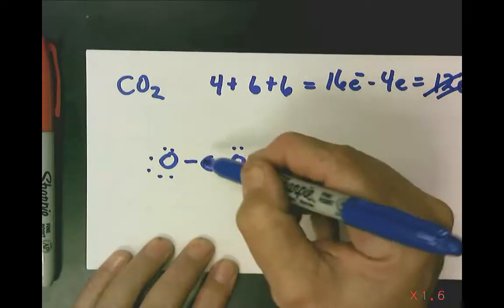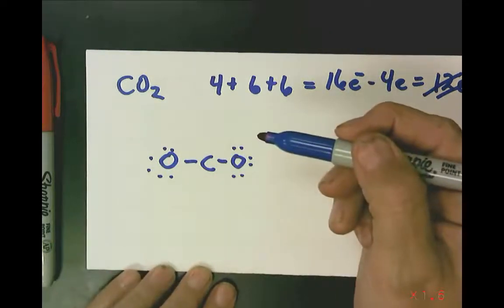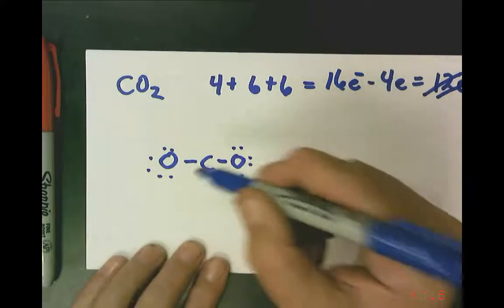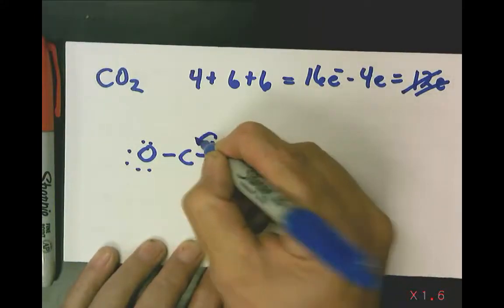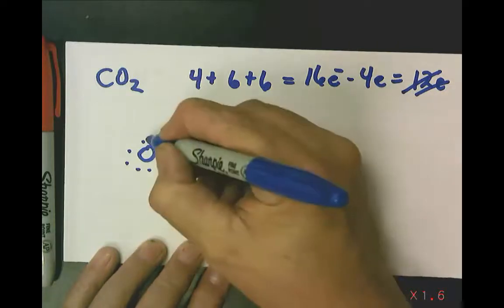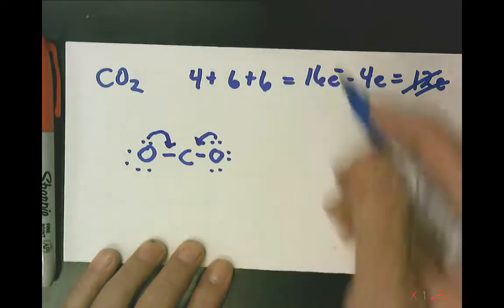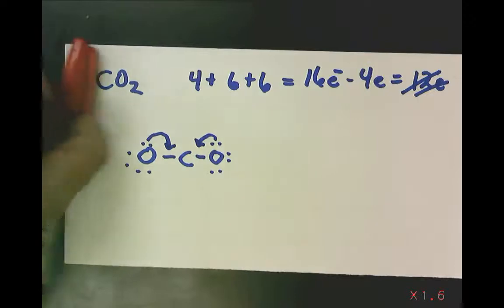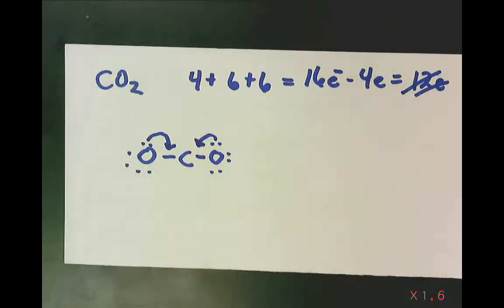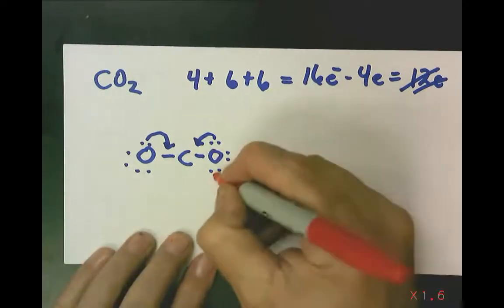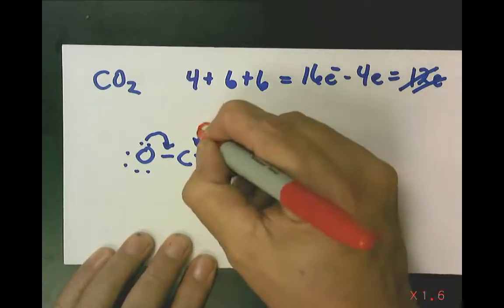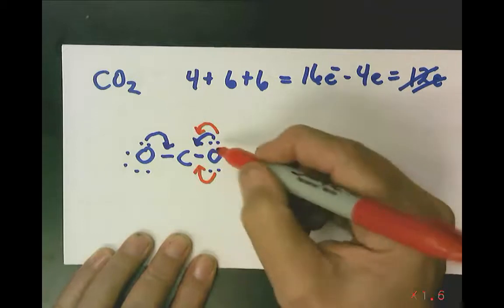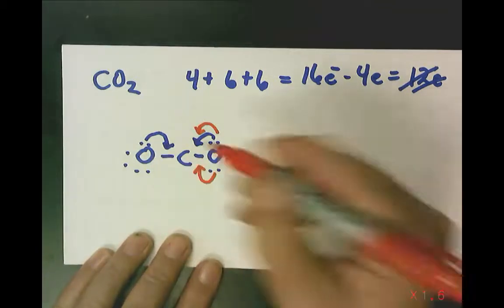Well, carbon's octet is not complete, so we have to do a multiple bond. But notice what the 2 things are we can do. We could push 2 from this oxygen and push 2 from this oxygen, and then carbon would be complete. Okay? Or we could push more from one side, one oxygen, and then the other.